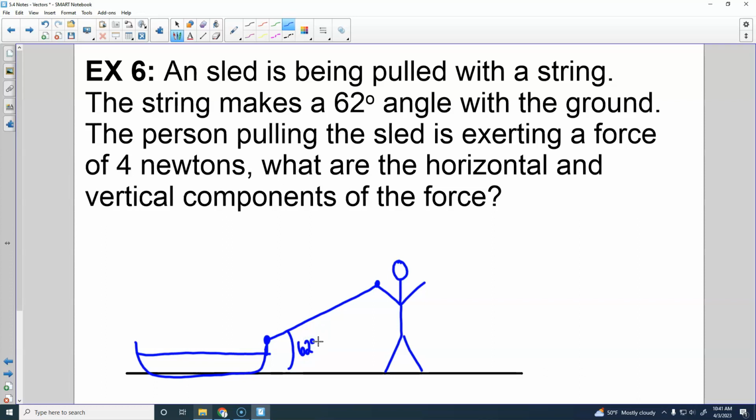I've drawn my sled sticking up off the ground a whole lot, which could actually affect this, but pretend it's all the way to the ground, you know, there. So this would be broken down into a horizontal component and a vertical component.